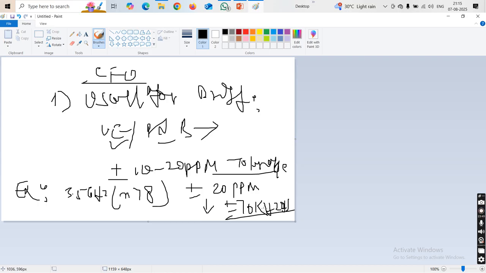That offset is the frequency offset. So based on that, we can calculate the frequency offset, and if it falls under this range, it is within the defined tolerable range.